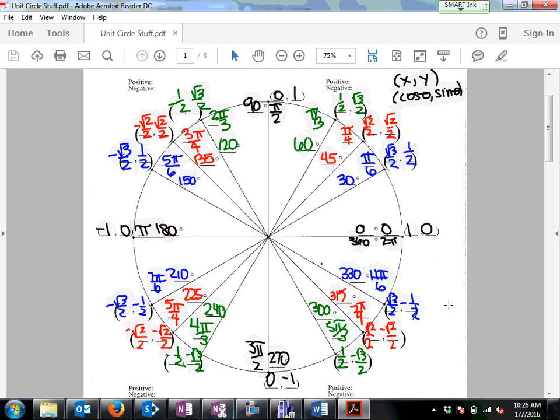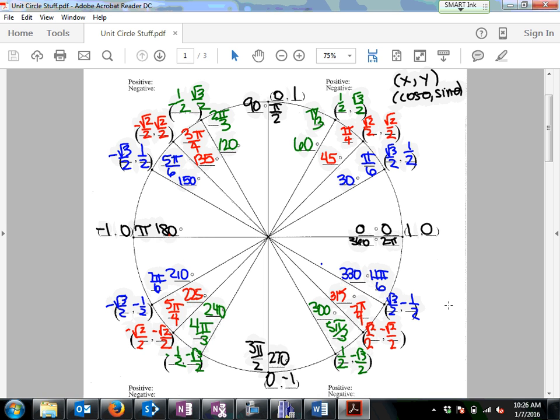What is the cosine of 3 pi over 2? Isaac. It'd be 0 because the x coordinate at 3 pi over 2 is 0.